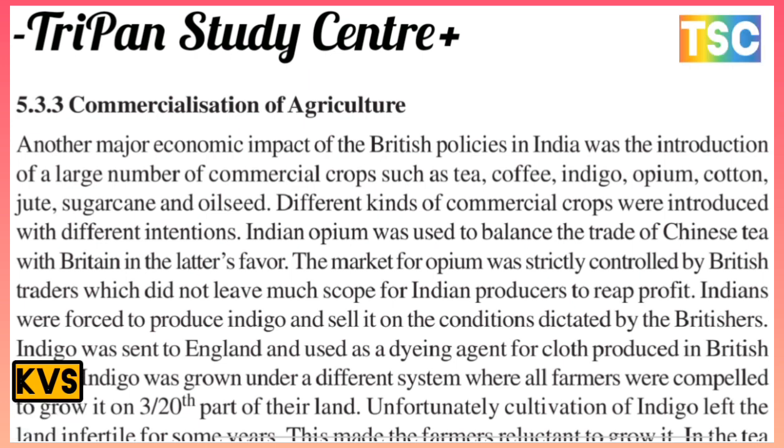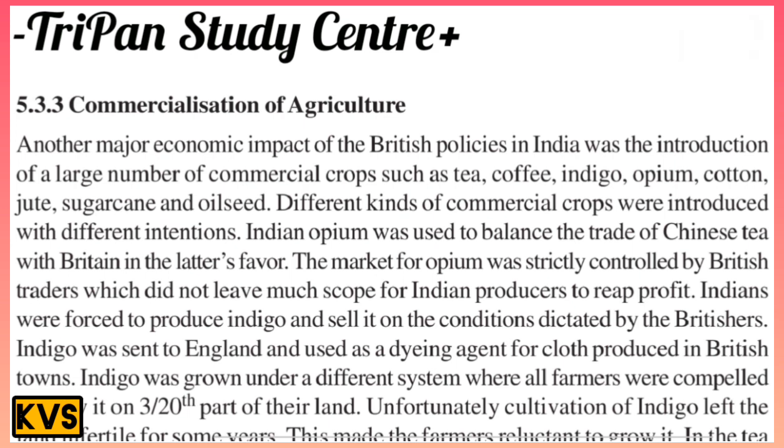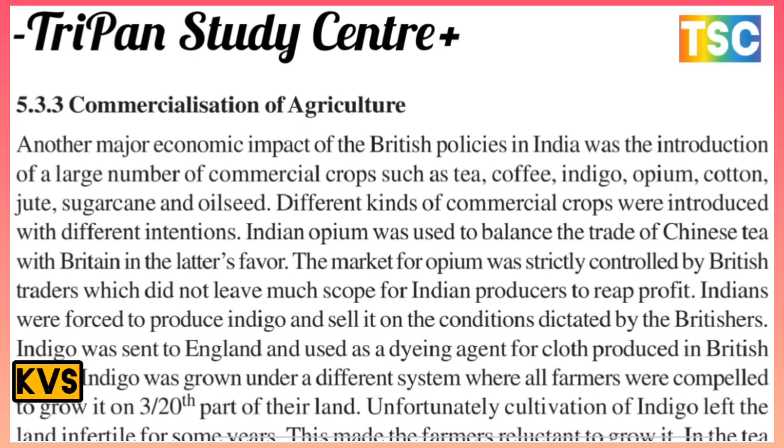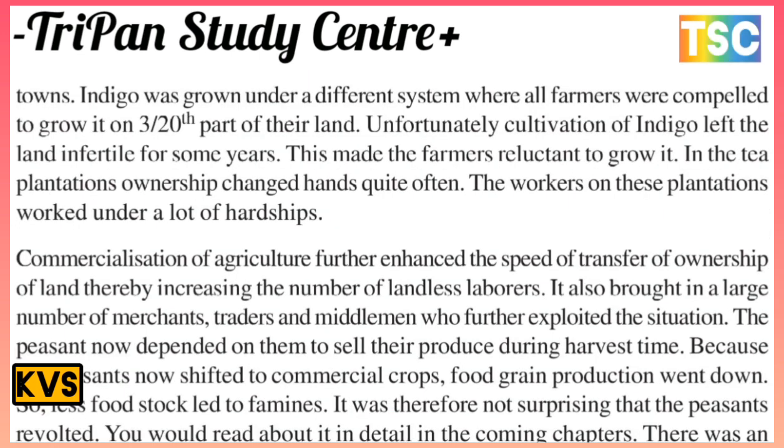Indians were forced to produce indigo and sell it on conditions dictated by the British. Indigo was sent to England and used as a dyeing agent for cloth produced in British towns. Indigo was grown under a system where farmers were compelled to grow it on one-third of their land.